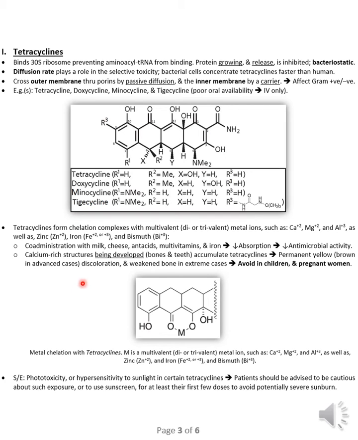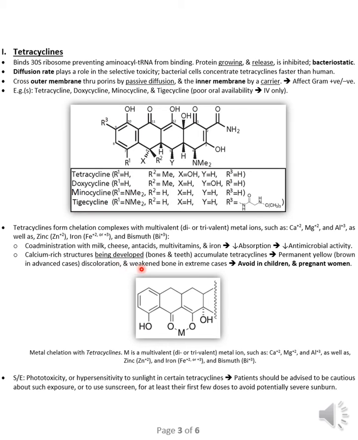An important side effect of tetracycline that you need to pay attention to is that the calcium-rich structures that are being developed, such as bones and teeth in children, the tetracycline binds to these calcium-rich structures, and they form a permanent yellow or, in advanced cases, brown discoloration.